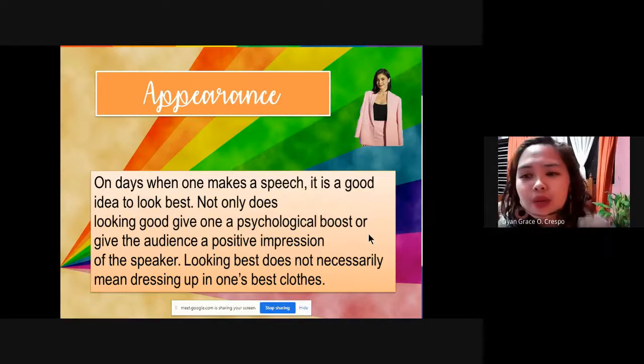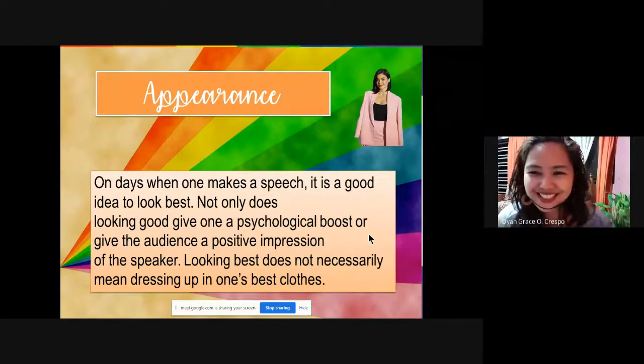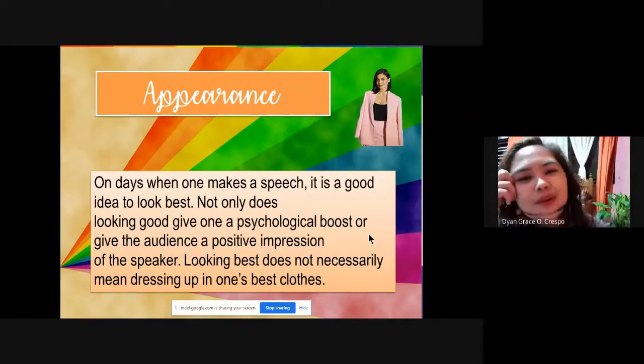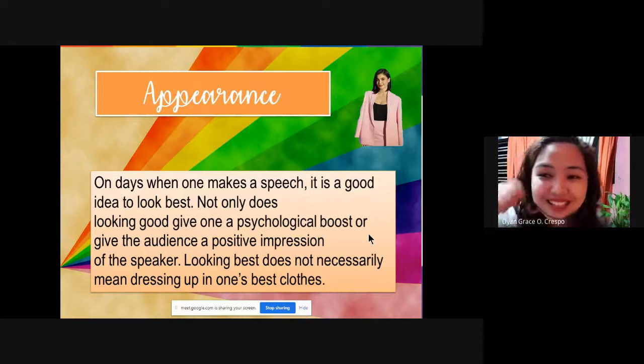So, we are our own instructional materials, okay? So, we need to look beautiful, we need to be clean, we need to look fresh, so that the students, at least somehow, get 5% from you, thinking ma'am is beautiful, sir is handsome, nice to listen to.